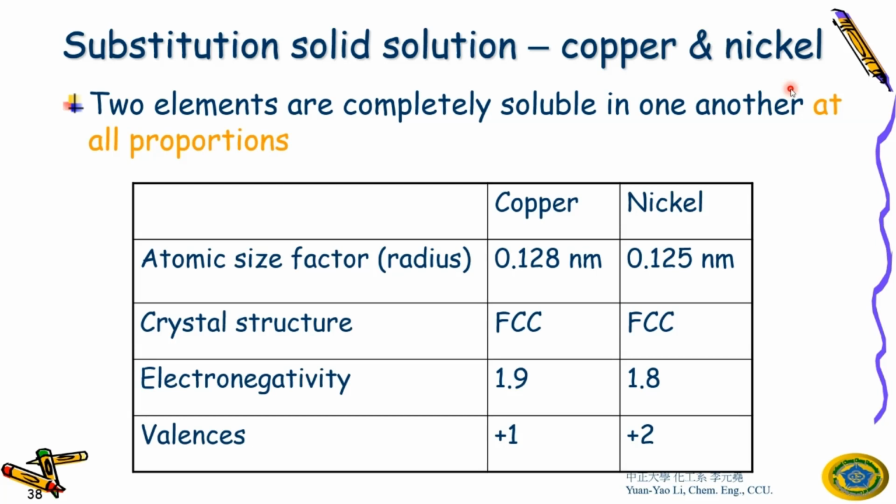Why can these two make a perfect substitutional solid solution? According to these four factors, the size of copper and nickel is very close, the crystal structure is the same, and the electronegativity is very close. If you want to put nickel into copper, you choose the higher valency, and it's very close. So according to these four factors, copper and nickel can make a perfect substitutional solid solution.